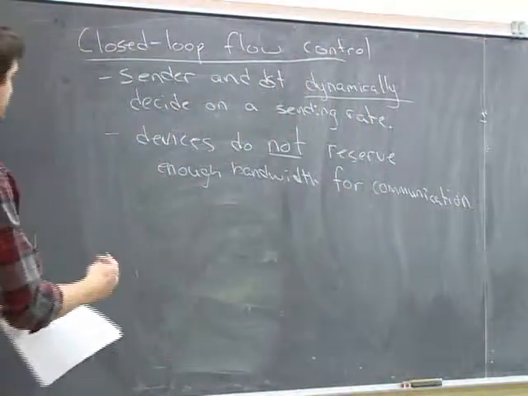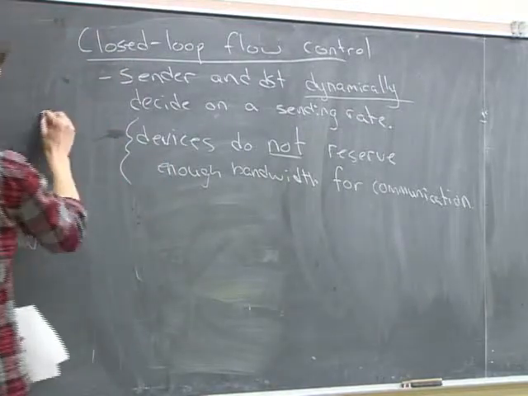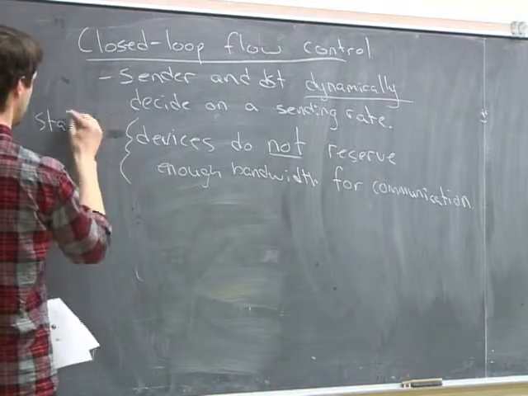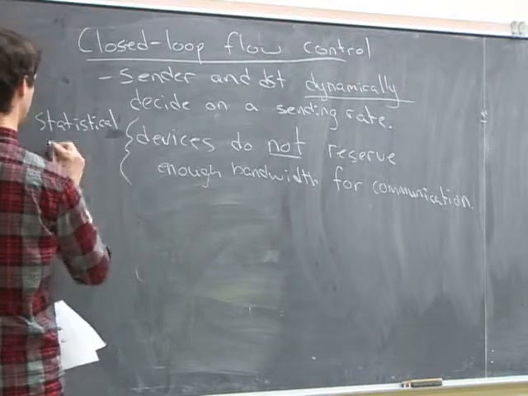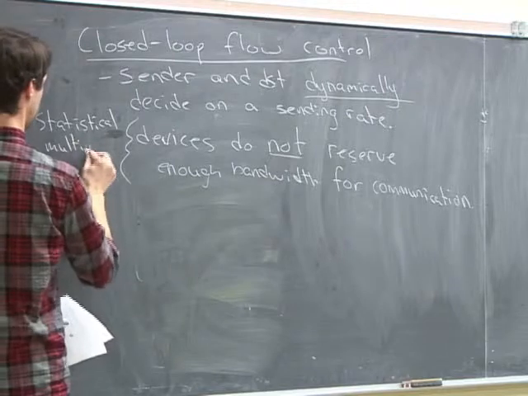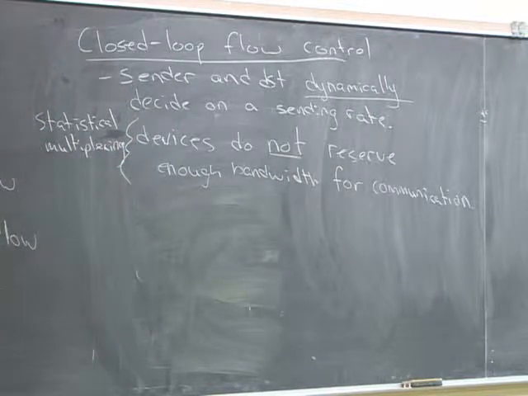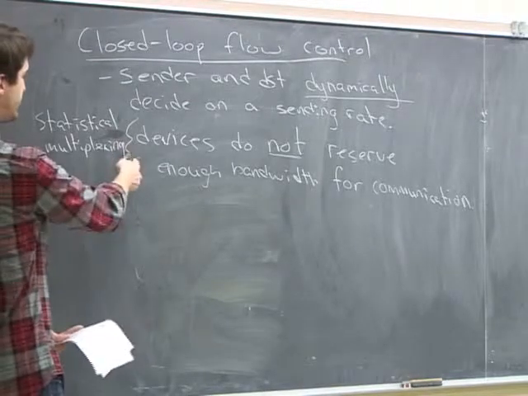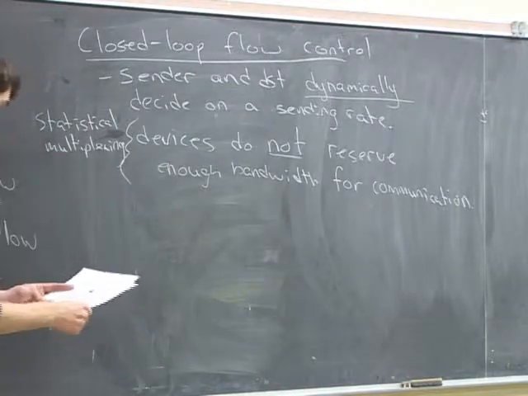And this phenomenon where the devices do not reserve enough bandwidth is called statistical multiplexing, because we are multiplexing that channel with multiple users at the same time.